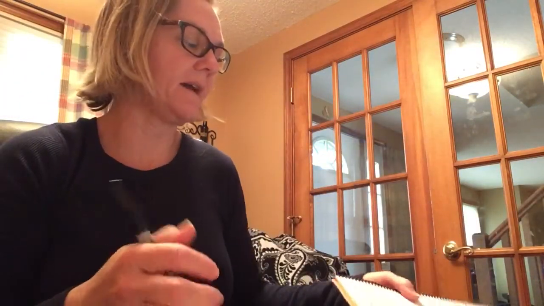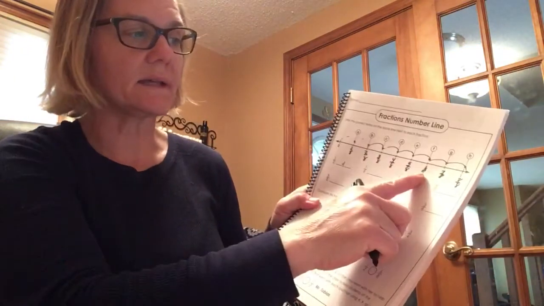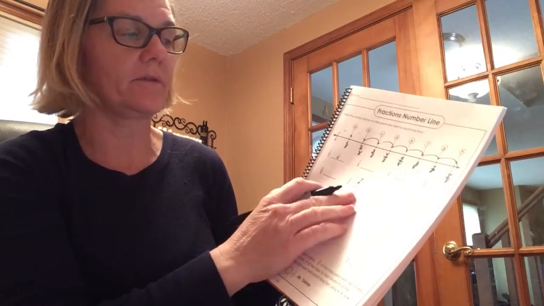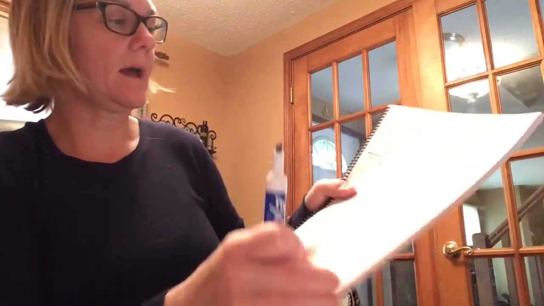So you just have to find 6/8, which is letter F. So 3/4 is F. Or, use your fraction strips because it'll help you the most. Or you can skip hop.